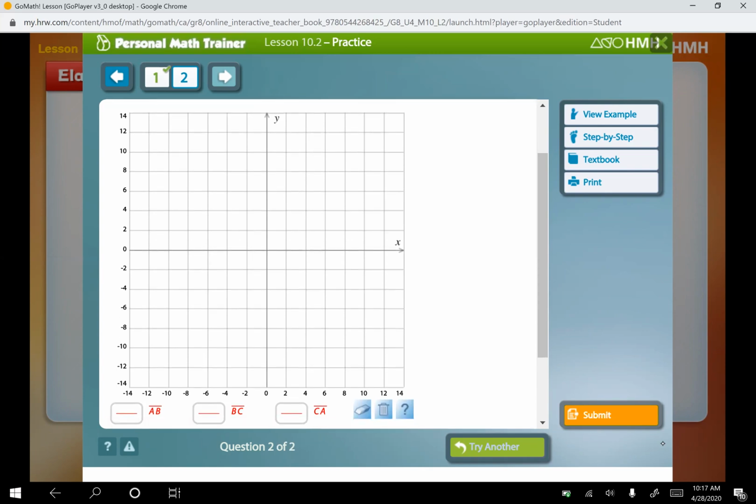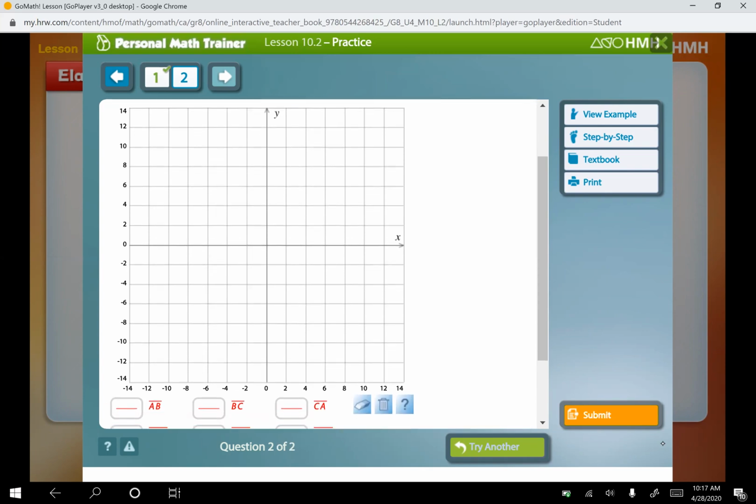Okay, so let's go ahead and graph this. First, I'm going to graph A and B. So A is 6 and 6. I'm going to go to 6 and 6 and start right there. I'll fix it in a little bit.